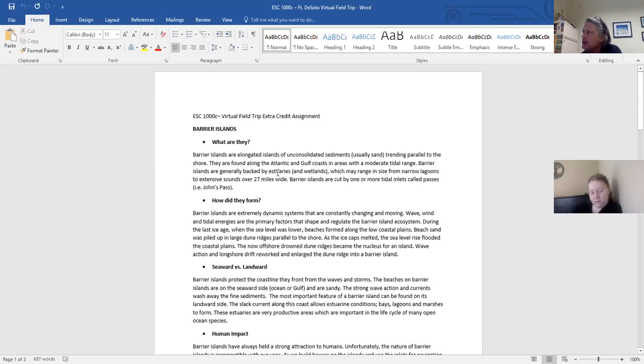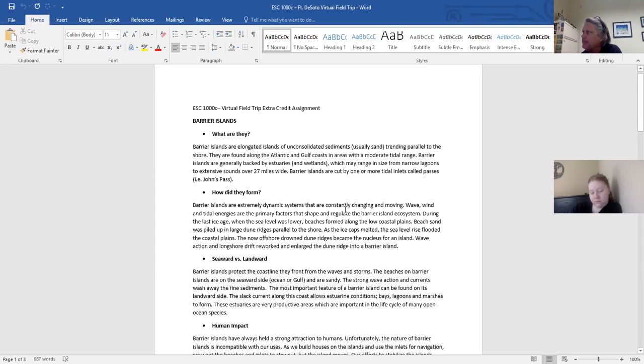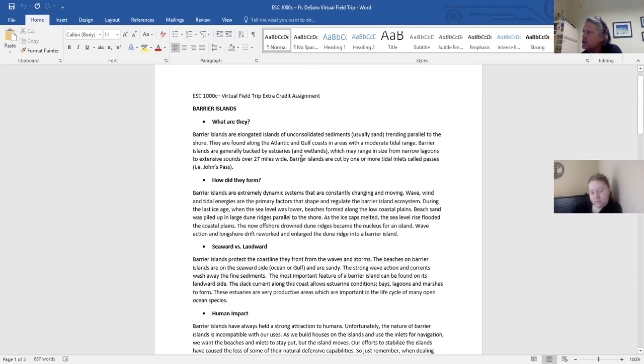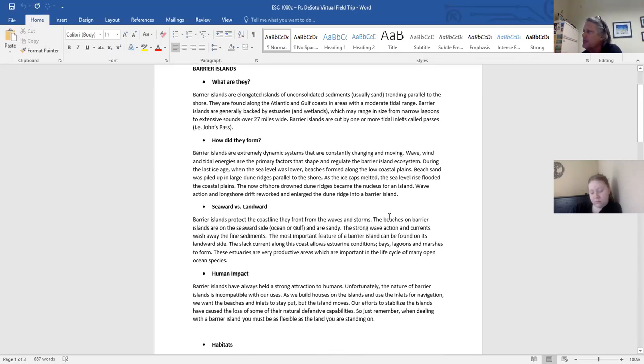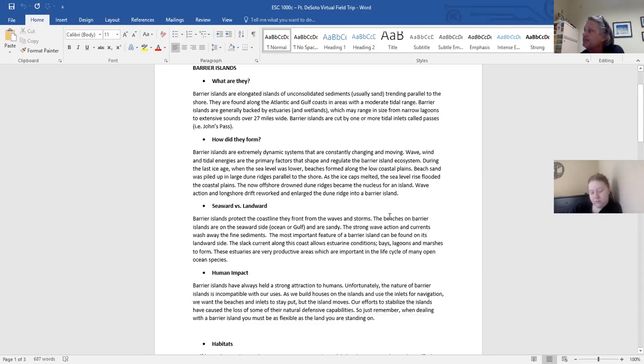So our East Coast, Atlantic, Gulf Coast, the estuaries are the intracoastals and the wetlands. They form from the glacial deposition and then shaped by currents and waves.